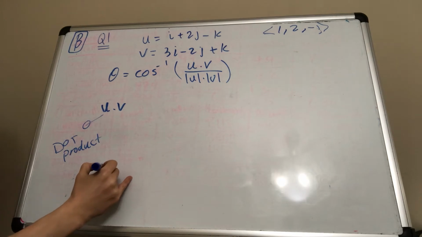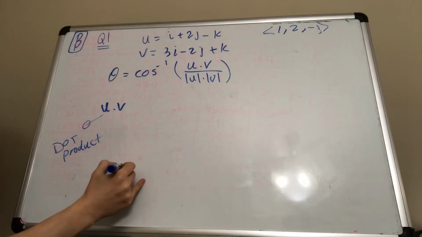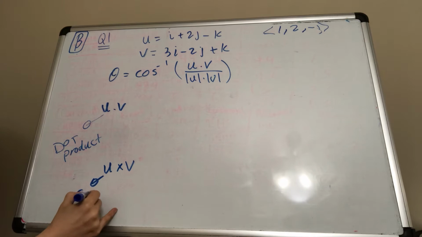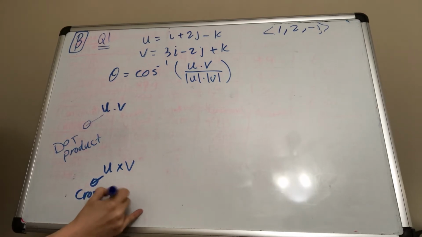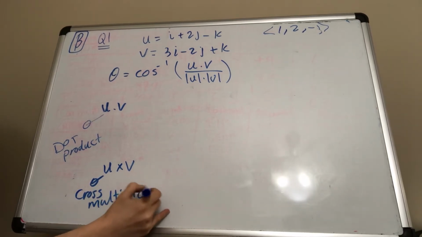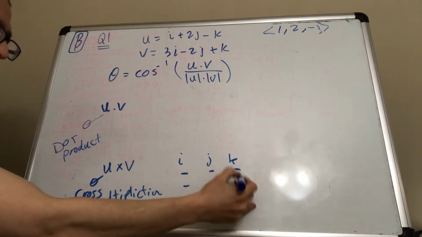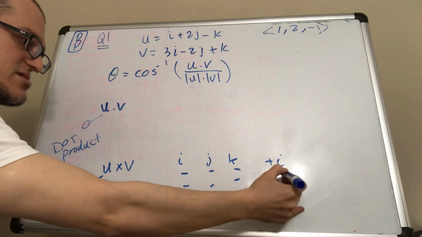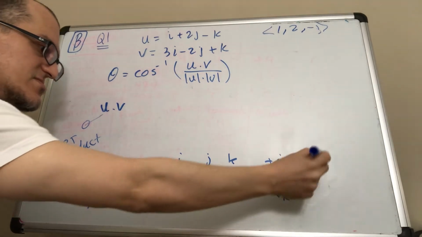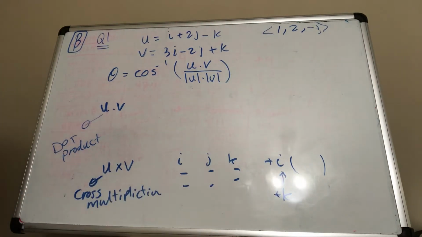Remember in the previous video we did u times v and it was cross multiplication or cross product, and we did the i, j, k, we put the numbers, and I told you i positive, j negative, k positive, and then you do the cross.